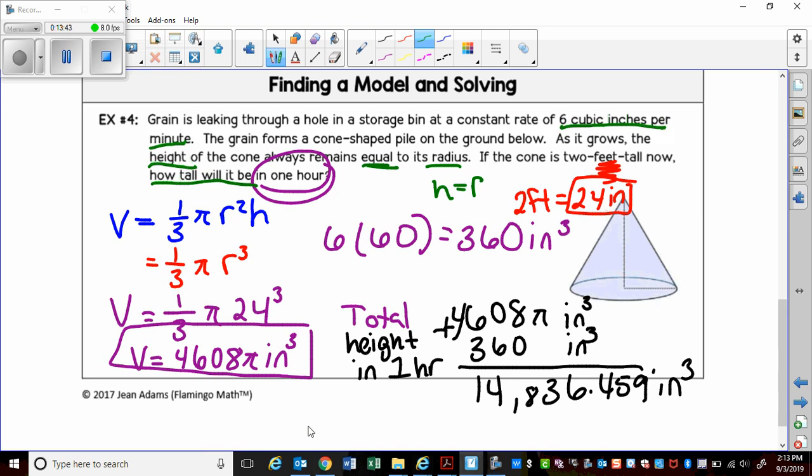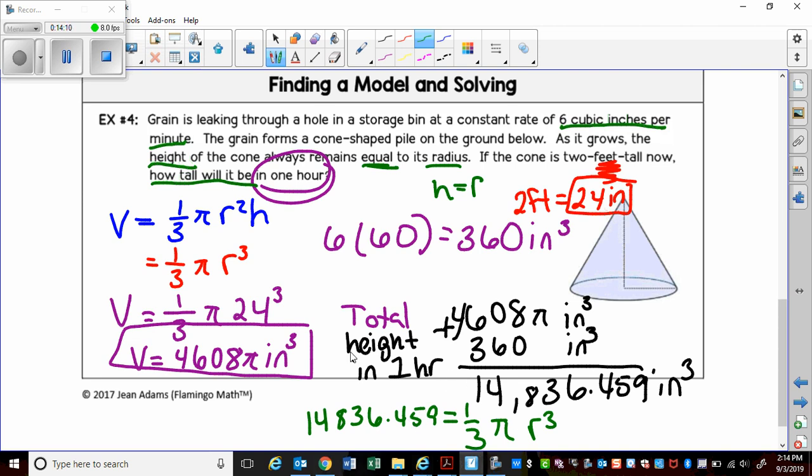So my volume, 14,836.459, equals 1/3 pi R cubed. Remember, we just have to find R to find our height, because R is equal to the height. So I have to multiply by 3 and divide by pi.